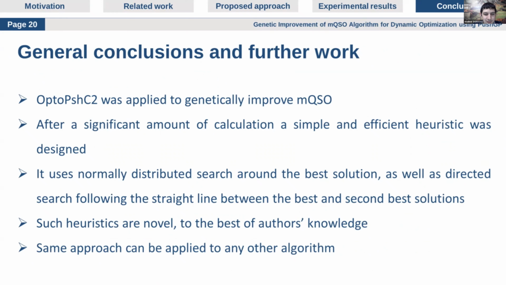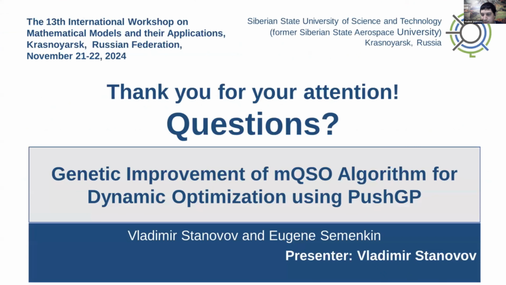It generates new heuristics for us that can work. Of course, this approach can be used for other algorithms, and maybe this is something that we will try to do next. Okay, so thank you for your attention, and I'll be glad to answer questions.